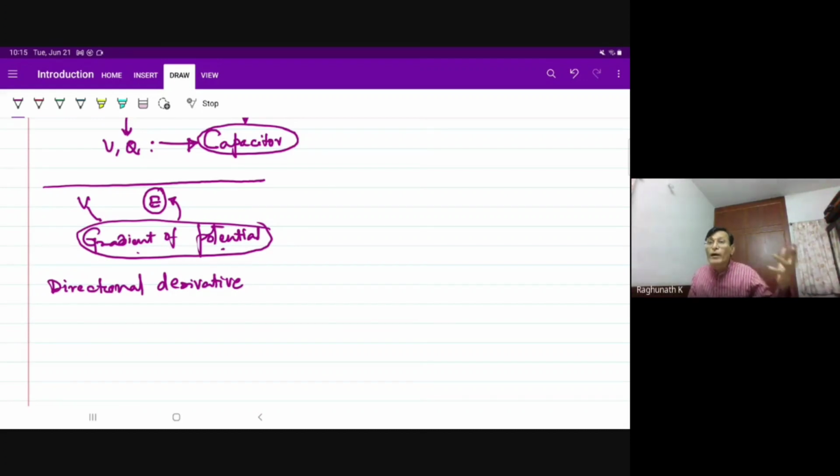To talk about the normal component of a vector field at each and every point on the surface, I need to know the normal direction: the unit vector perpendicular to the surface at each and every point in a general surface. If you understand gradient of potential, you will definitely understand what directional derivative is, and the mathematical advantage of looking at the potential.